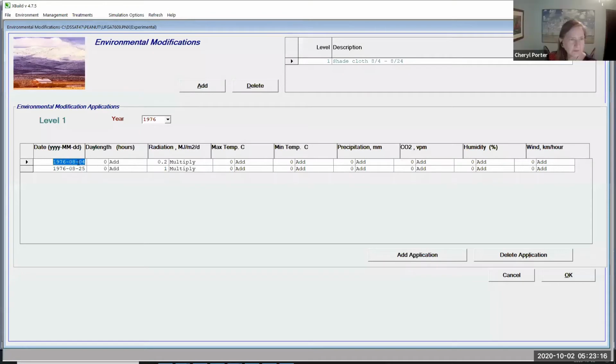So the first one, as you were instructed, starts on August 4, and it reduces the solarization to 20%.